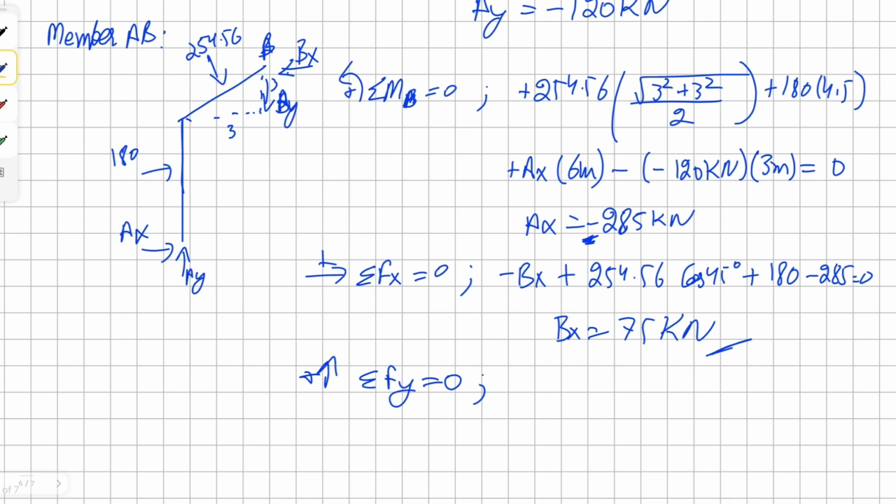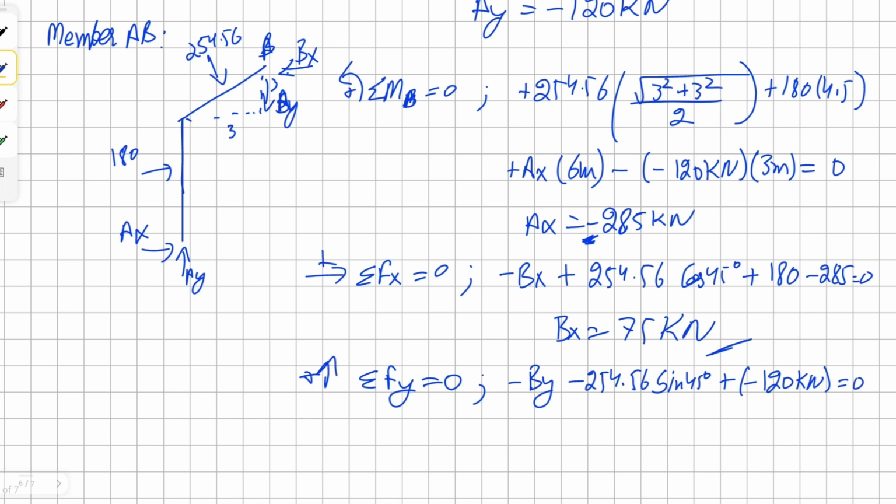So we have negative BY, and then we have negative 254.56 times sine 45, and then positive AY, but we have a negative value for AY because remember we took the wrong assumption at the beginning, but that's not an issue as long as we take care of our signs.